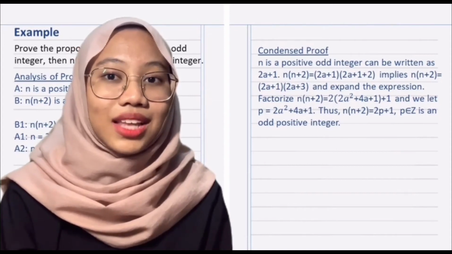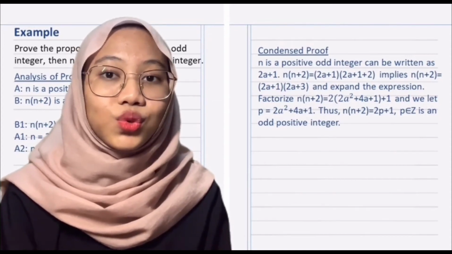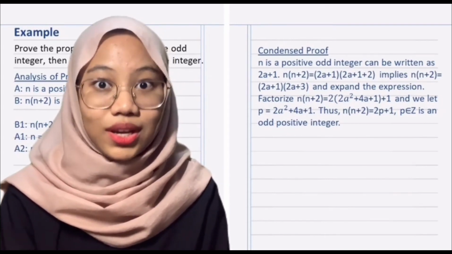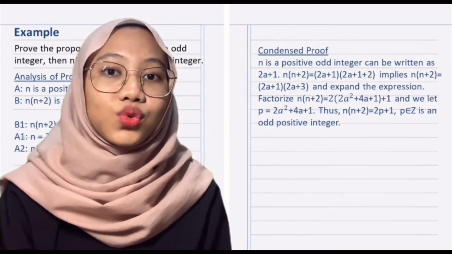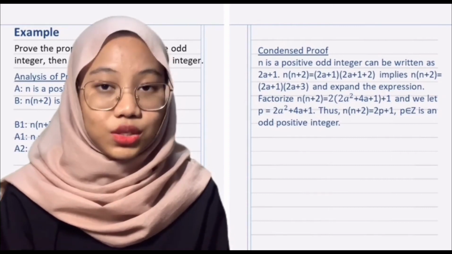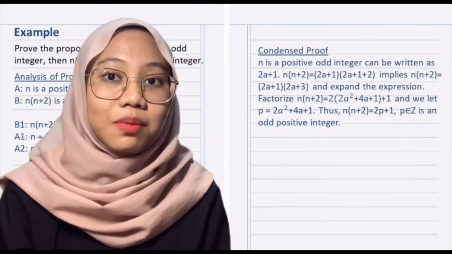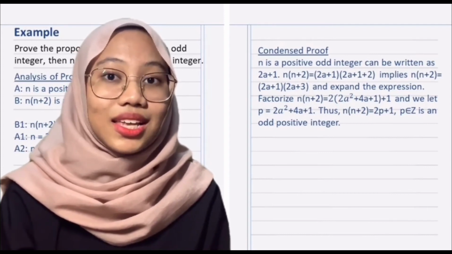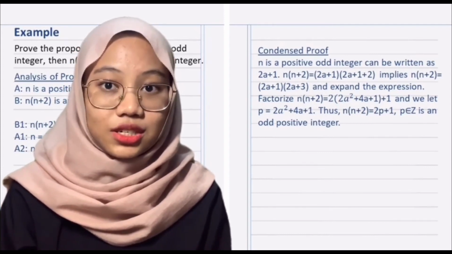Factorize n times n plus 2 equals 2 times 2a squared plus 4a plus 1 plus 1, and we let p equals 2a squared plus 4a plus 1. Thus, n times n plus 2 equal to 2p plus 1 for all integer p is an odd positive integer.